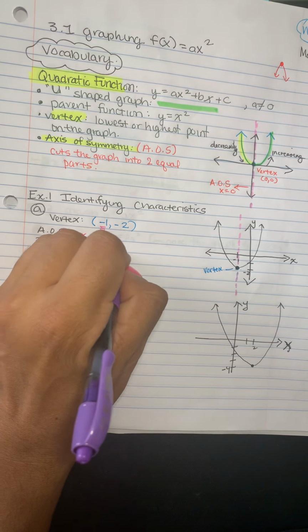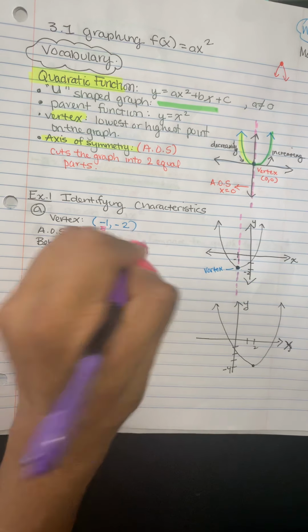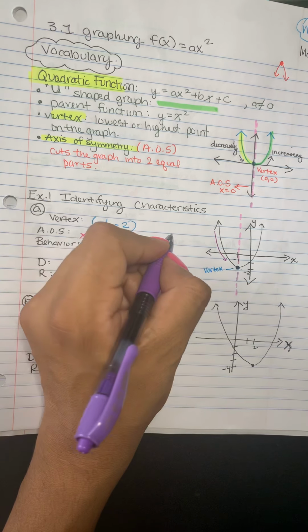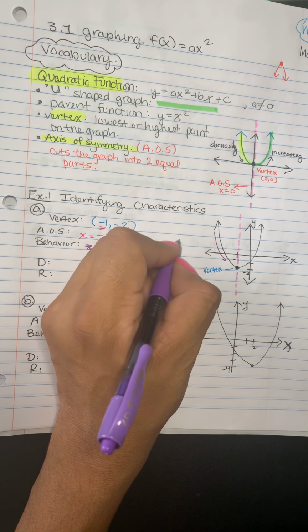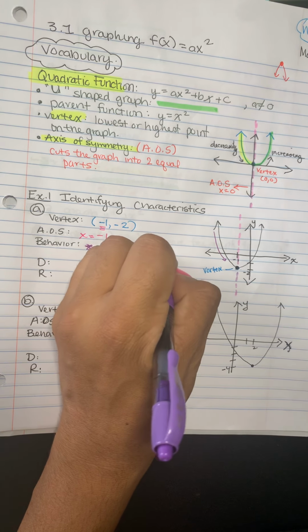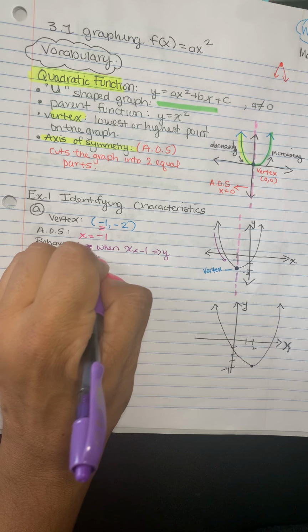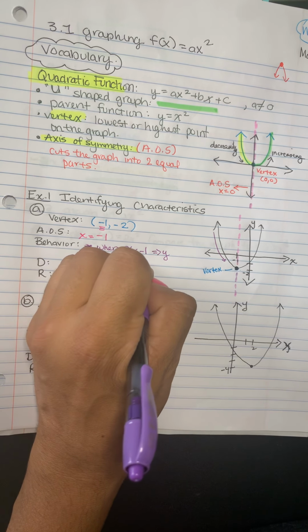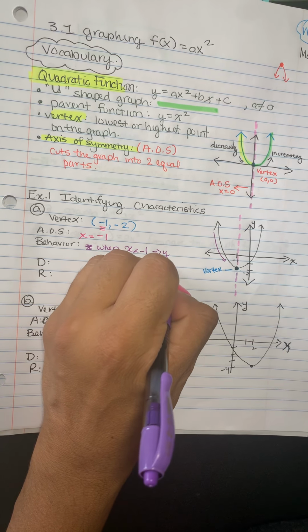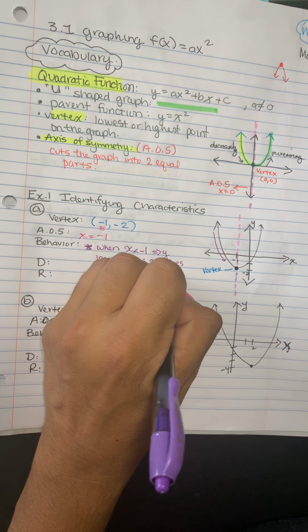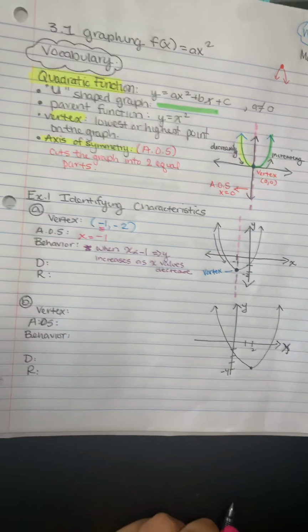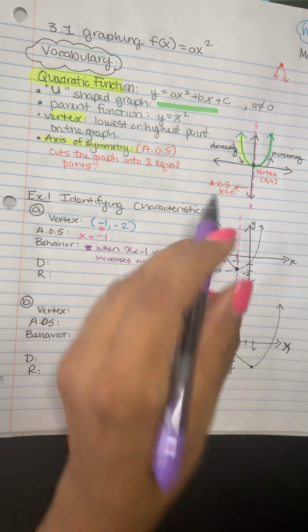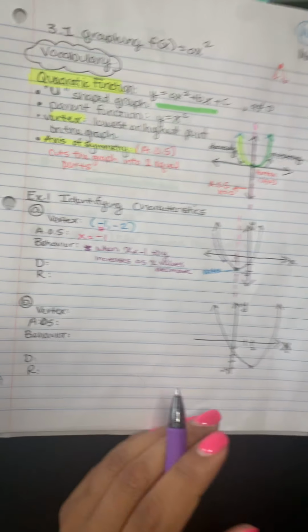When x is less than -1, which is here, all these numbers here, we can write y, the y values, y increases as x values decrease. Again, this function, from the left-hand side of that vertex, is decreasing.